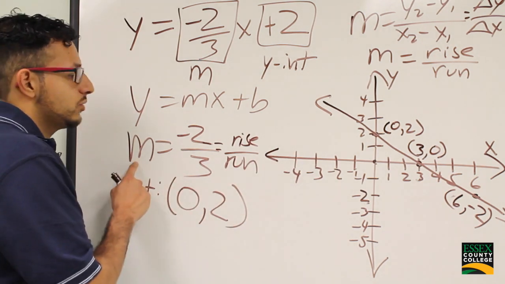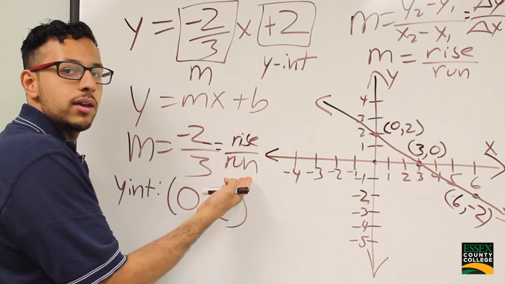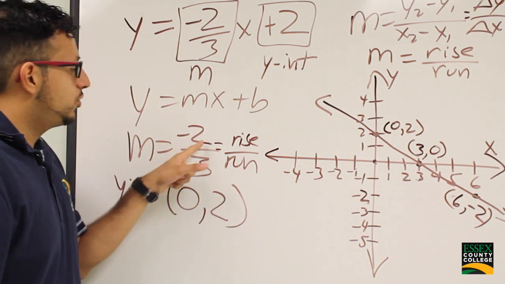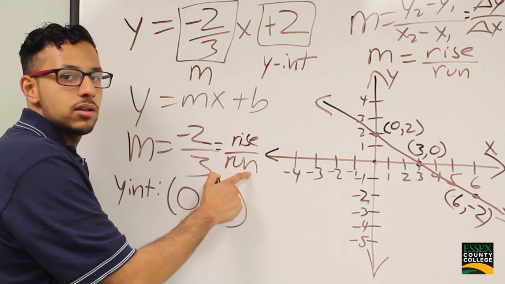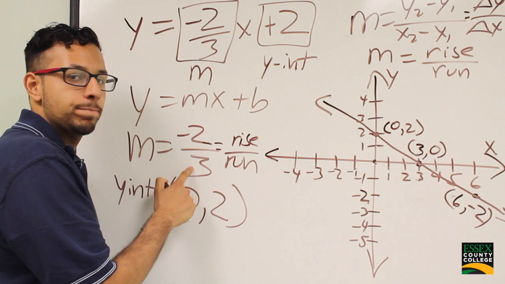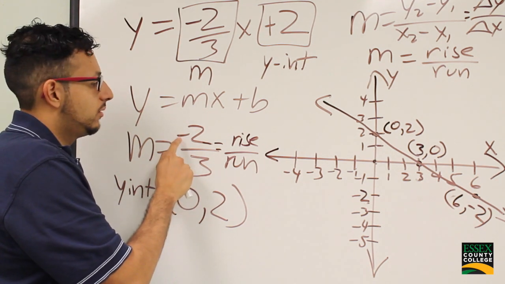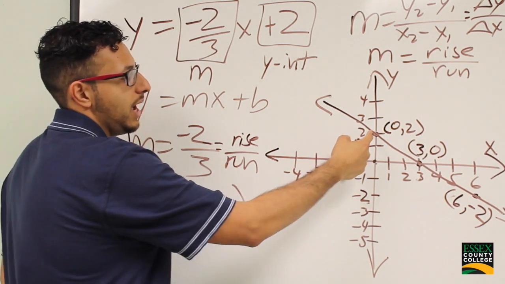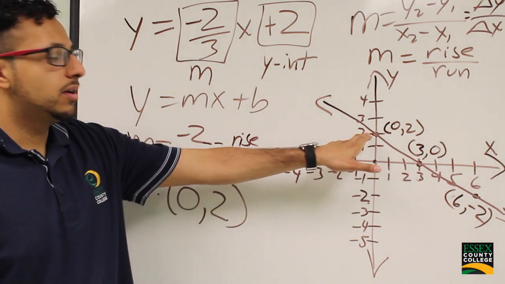From there, we use the slope. The slope is always rise over run when it's given. The slope in the equation is given as -2/3, so -2 is the rise and the run is 3, the bottom number. Whenever we see a negative number, the rise actually means to go down. So -2 means we go down 2 from the starting point, and the starting point is always the y-intercept.